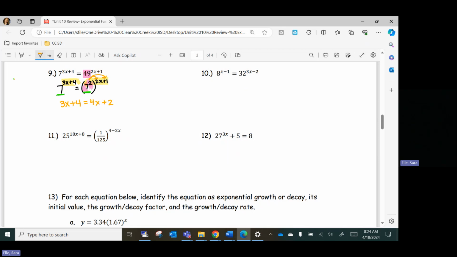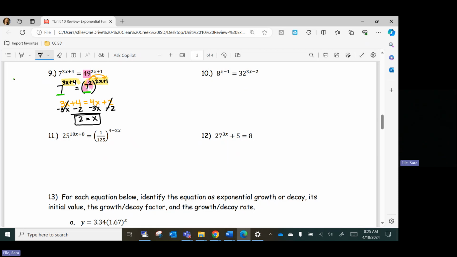So we need to get the x's to the same side and the constants to the other. So I'm going to move the 3x by subtracting. So I end up with a positive x over here, which means if I'm moving the x's to the right, I'm going to move the constants to the left. So I'm going to move this 2 to the left. So I end up with 2 equals x.